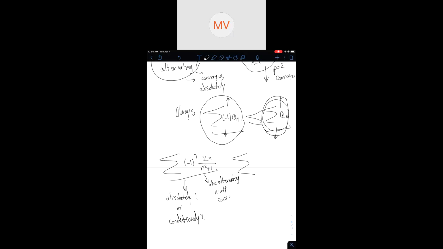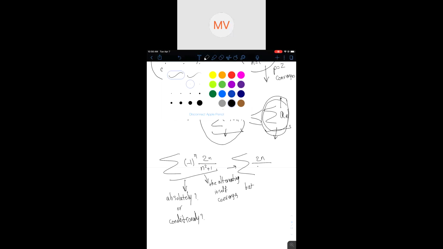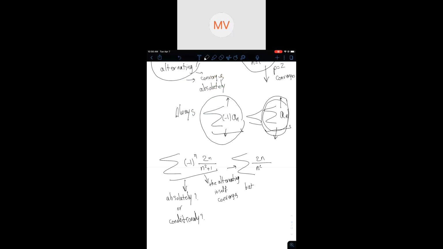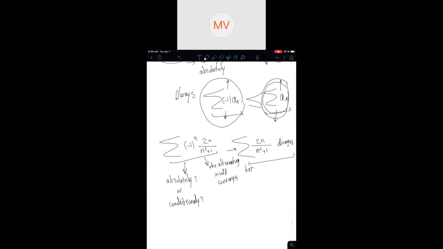But when you consider the absolute one, which is 2n over n squared plus 1, that one diverges. So for that reason, it's called converging conditionally.